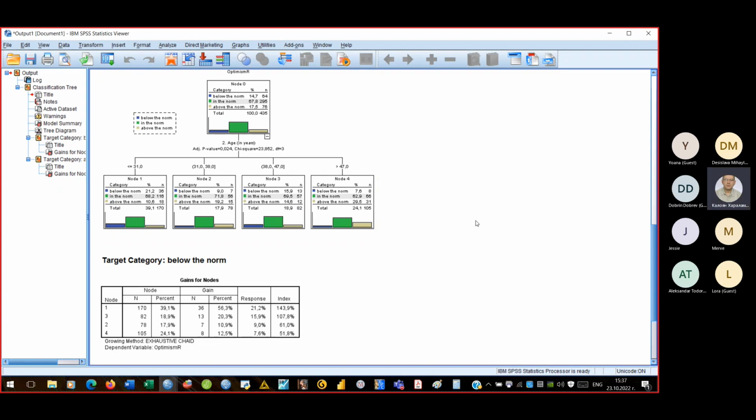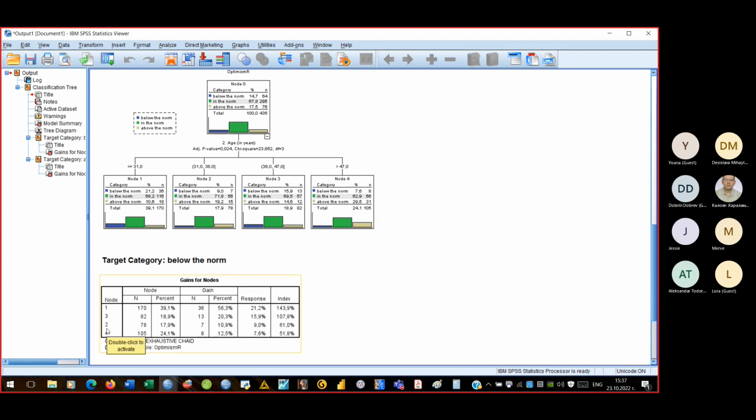So if somebody's age is less than or equal to 31 years, he or she will be in node number 1 with the highest percent of category below the norm.